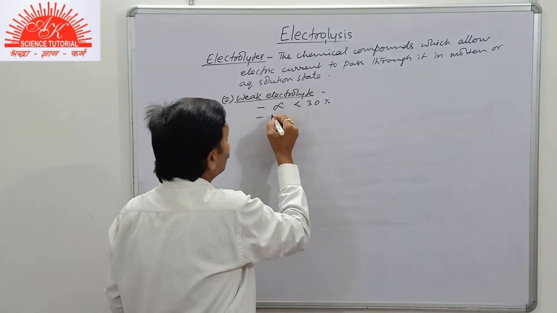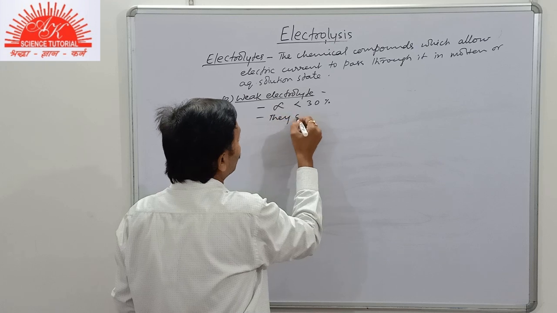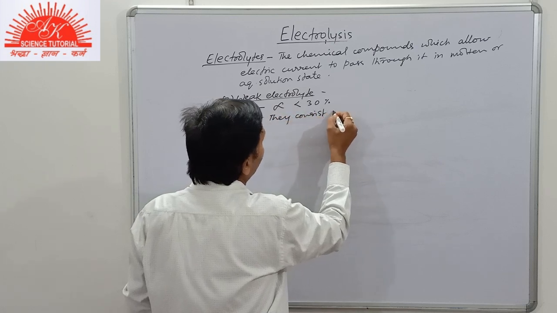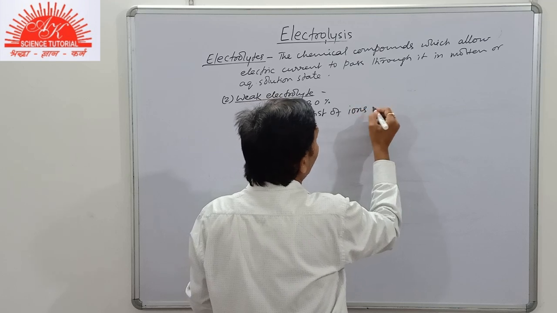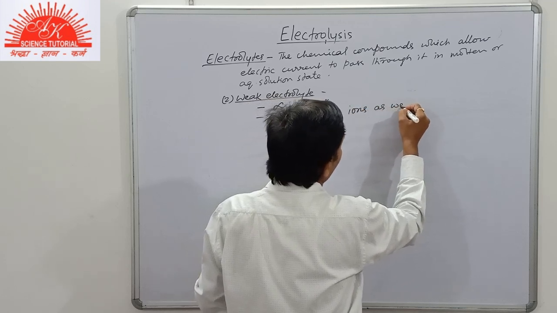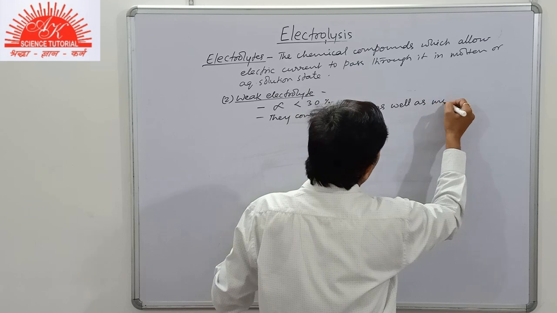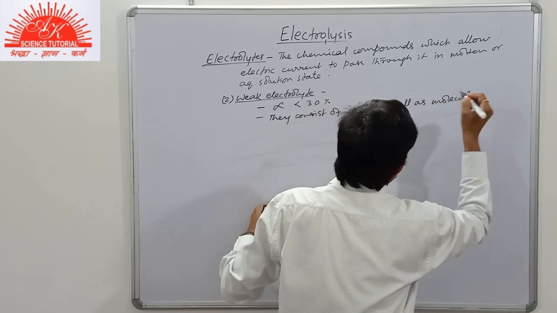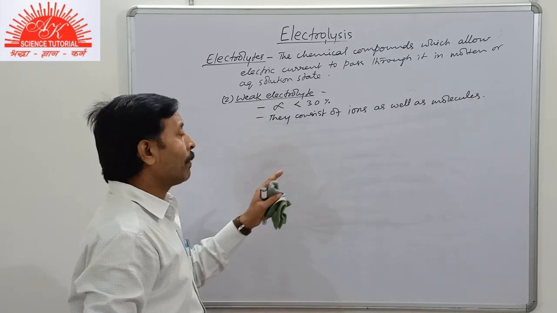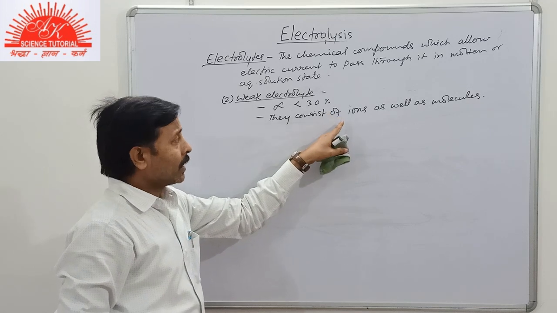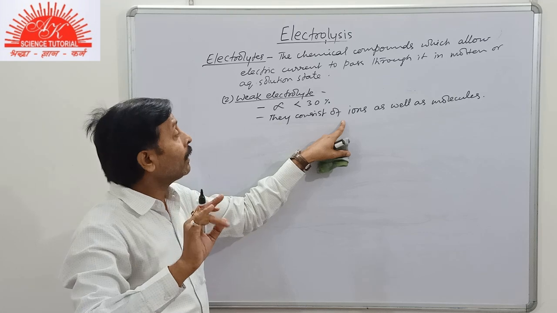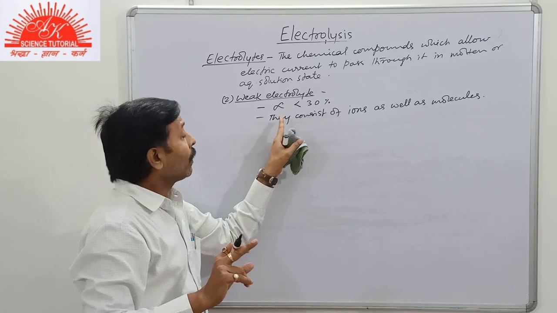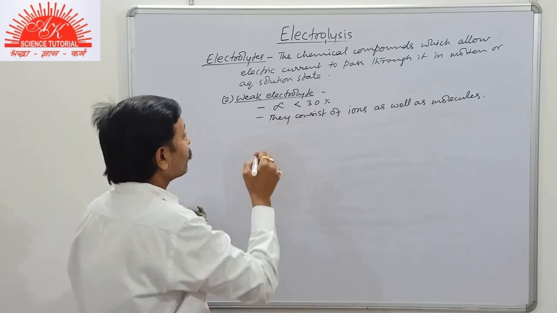So we write here they consist of ions as well as molecules. These points have already been clarified in the acid chapter where we discussed them in detail.